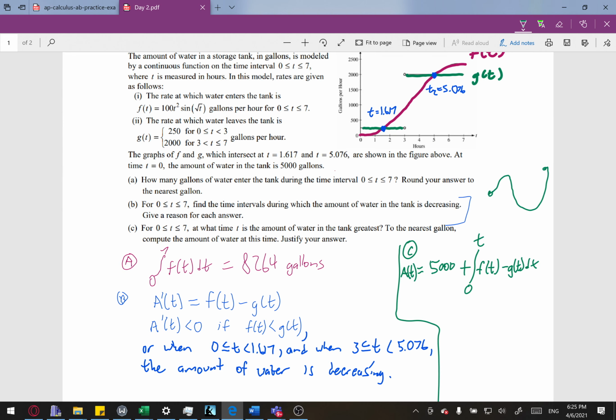So I'm going to make a table really quick. T and A at t. At start point 0, intersects t1, t2, and our end point at 7. But I also have one more point. What's the point where we jump?